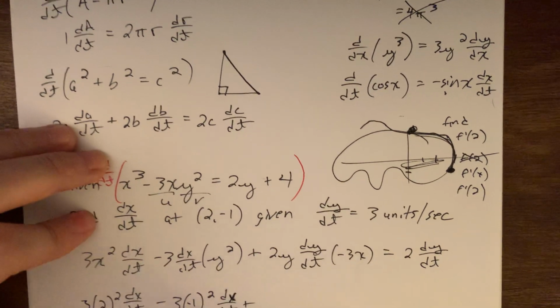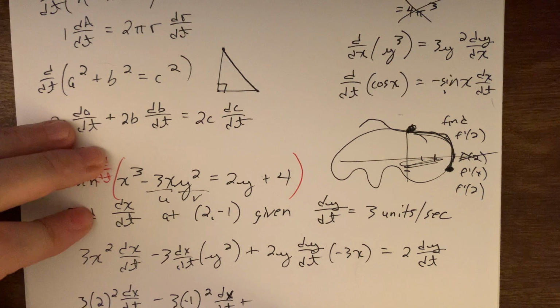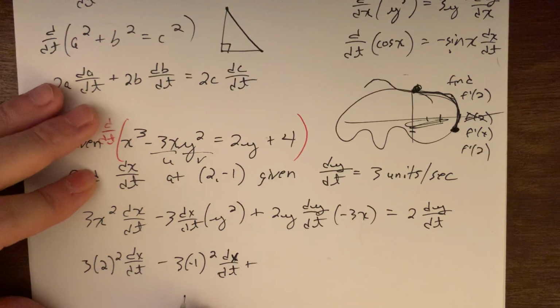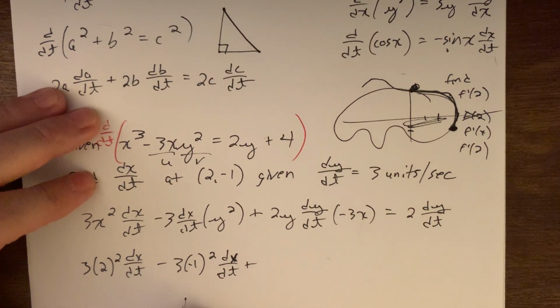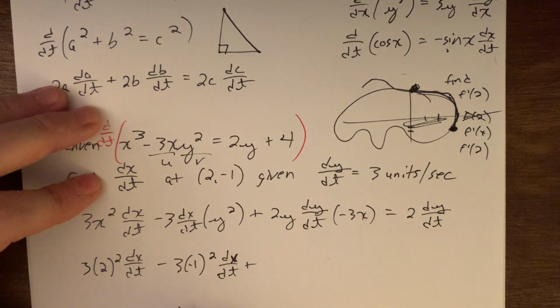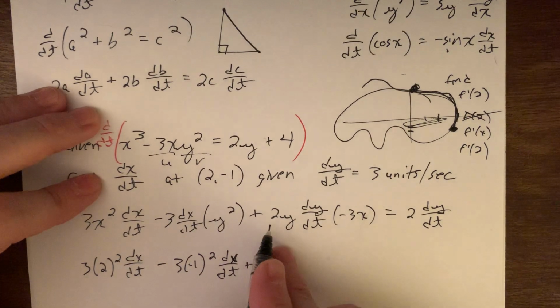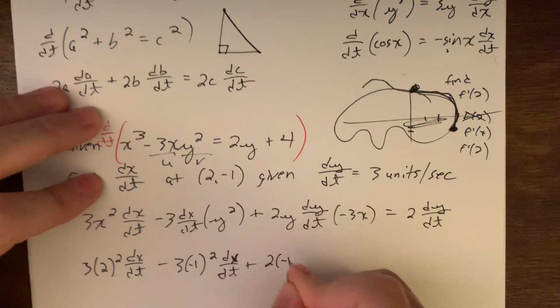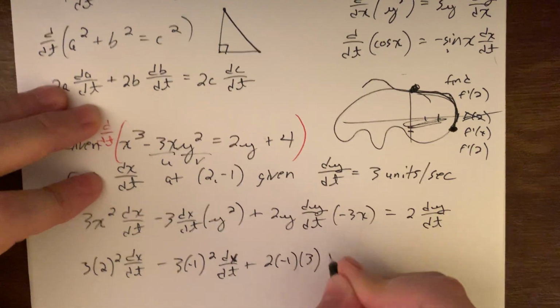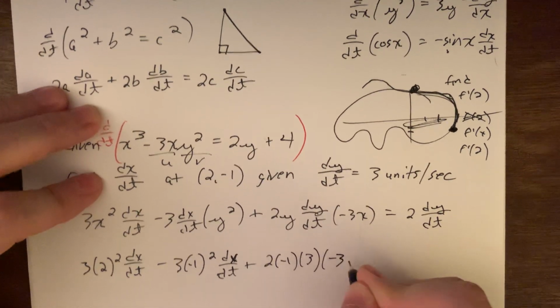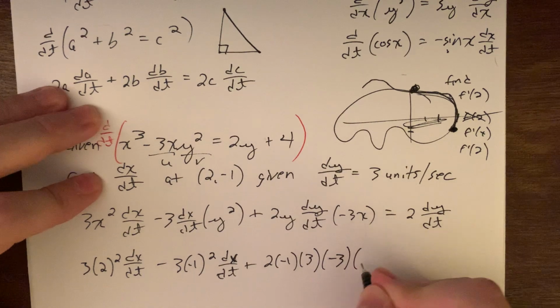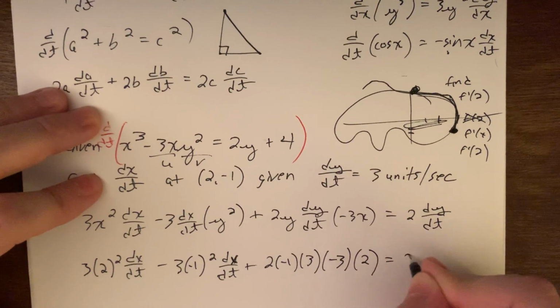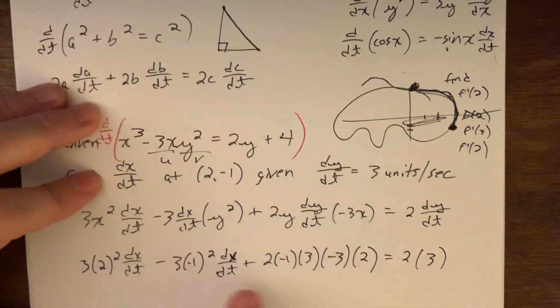Just keep those relationships. I'm just literally plugging in. If you want to do some arithmetic while you plug in, that's not a problem at all. So I'm going to continue: 2 times y times dy/dt times minus 3 times x equals 2 times dy/dt.